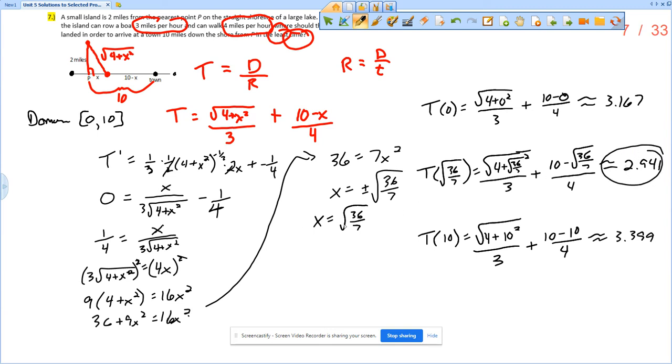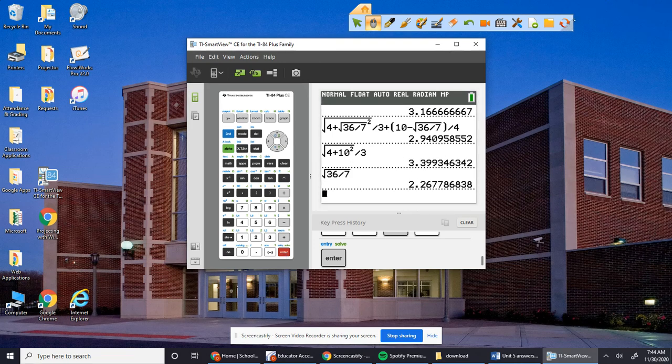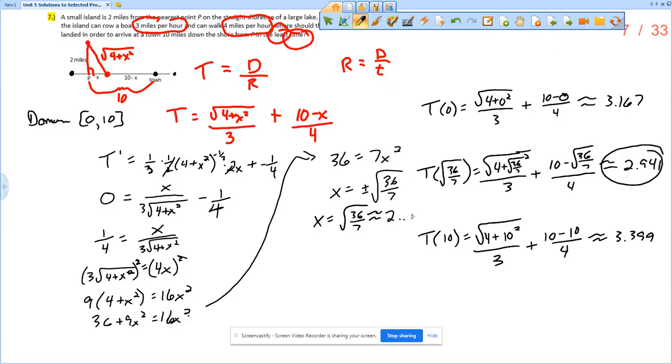What is the answer? The answer is that x should be the square root of 36 sevenths, so we should get that value. If I go back to my calculator and evaluate the square root of 36 sevenths, that gets me 2.268. So what does that mean? Remember, that x is the distance from P. What's the context here?